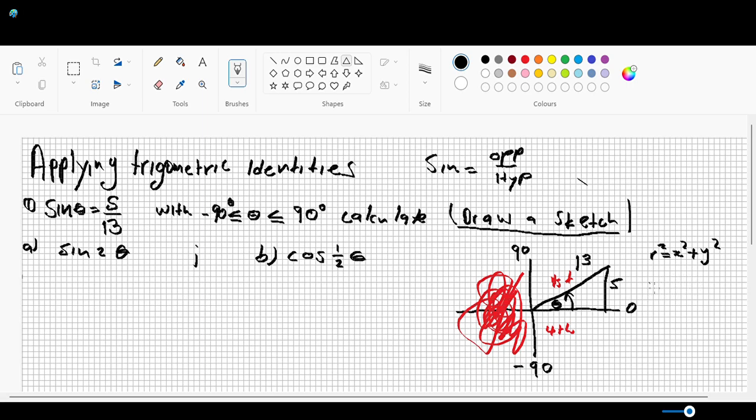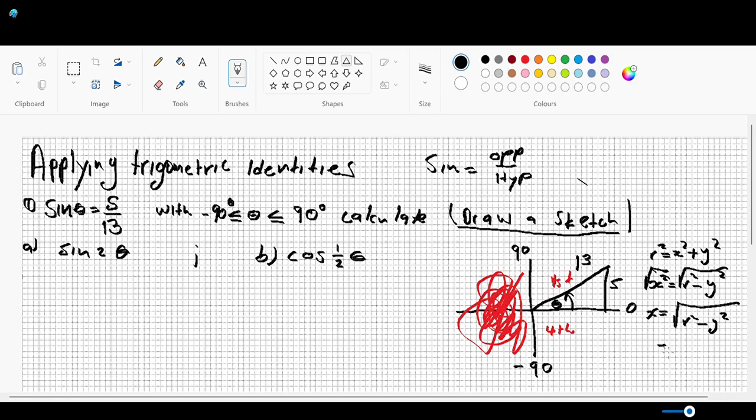Now if we make x the subject of the formula, we're going to have x squared equals r squared minus y squared, and then we square root this to get rid of the squared. The square and the square root give you x, and here we're left with r squared minus y squared.